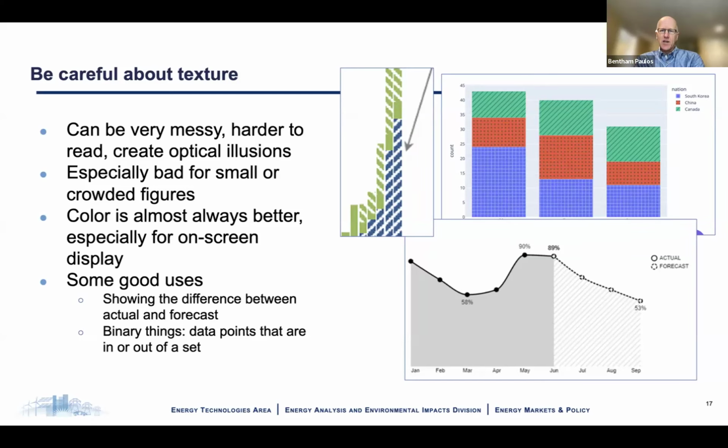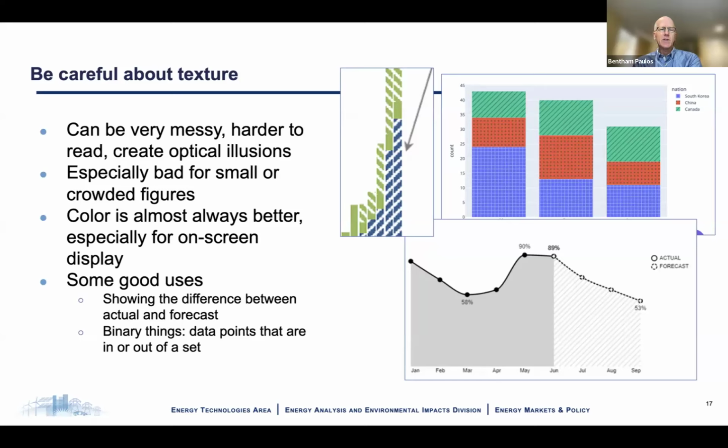If it's actual, it's solid, it's real. If it's forecast, it's striped, which means it's not as real, it's sort of conjectural. The meaning conveyed by the stripes is in line with the meaning you're trying to get across. It can also be useful to show things that are in or out of a set, like this example of the interconnection queue bars.